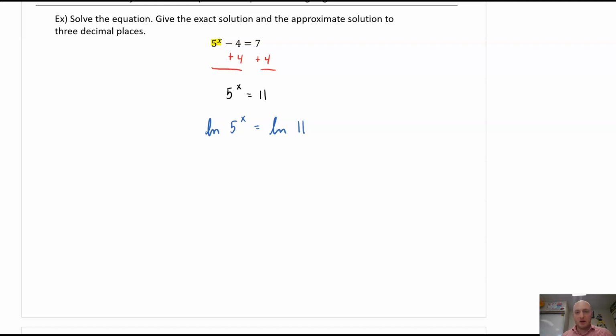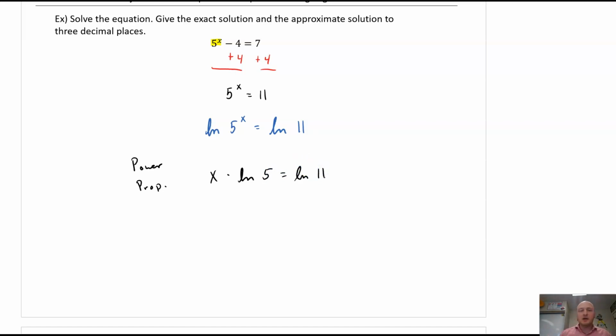Now I can use the power property, which says that I can bring down my variable from the exponent. So this becomes x times the natural log of 5 is equal to the natural log of 11.